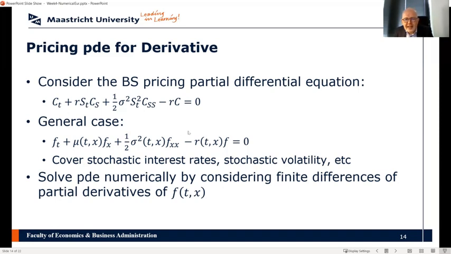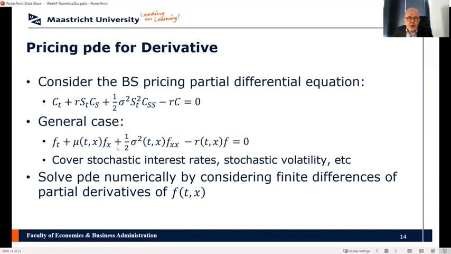And when interest rate is stochastic, then this is also a function of the underlying stochastic process x. So in the general case, I am solving a partial differential equation of the form of a time derivative plus some drift times the first derivative in the x direction plus some diffusion term times the second derivative minus some discounting term.